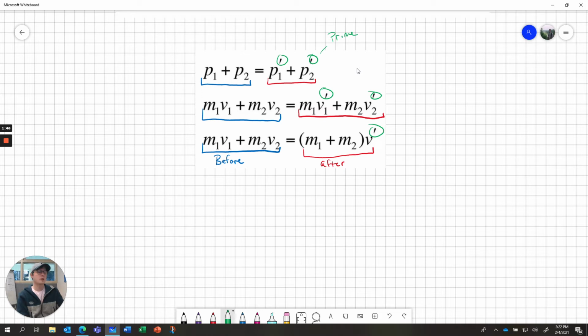All that does is say that the thing it is attached to, so this one here is attached to momentum, happens after an event. We're talking about collisions right now, so the only event we're talking about is collisions. So when you see a prime, it just means that whatever it's attached to happens after the collision.